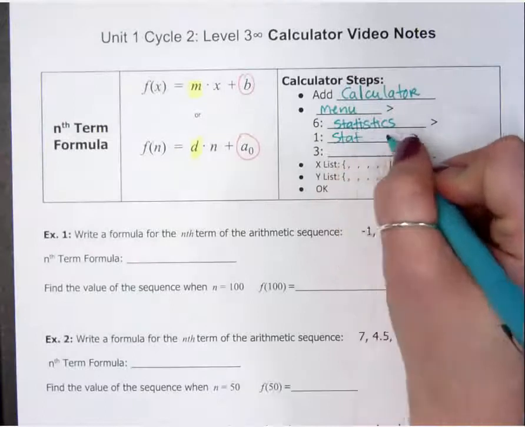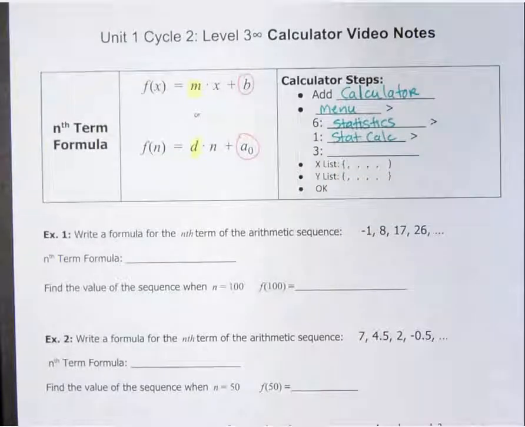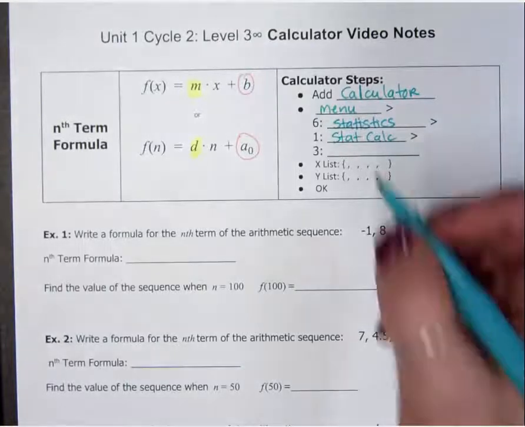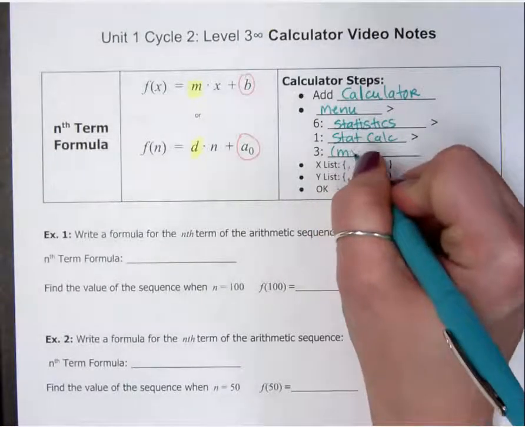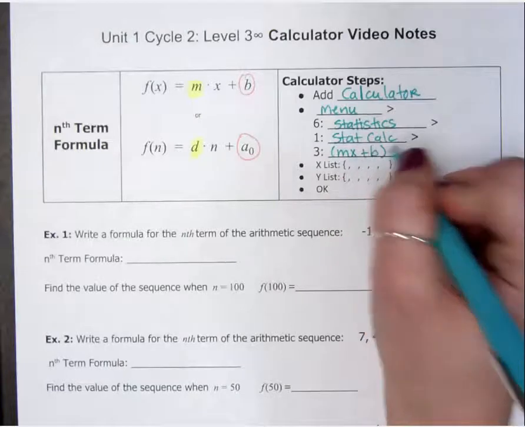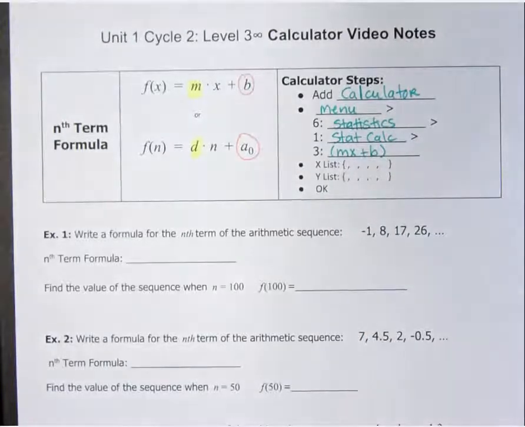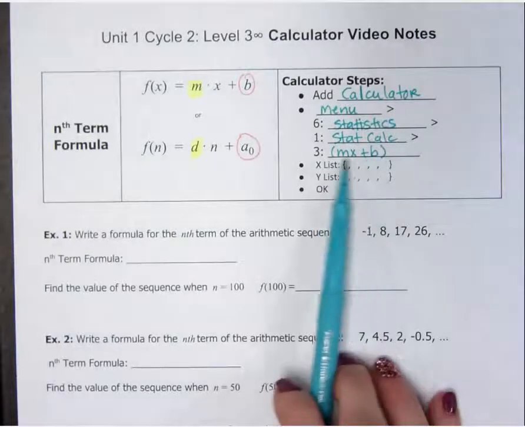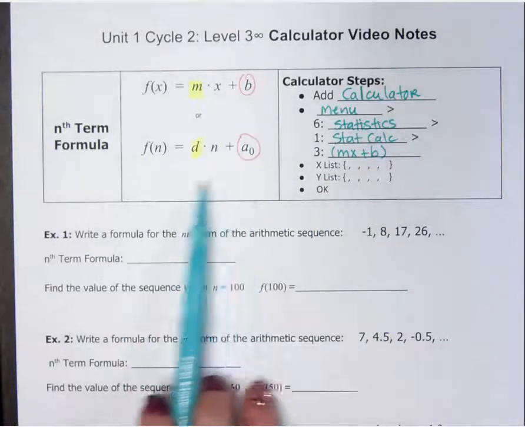I'm just going to write stat calc for short. Then we go down to option number 3, because it says linear regression, mx plus b.